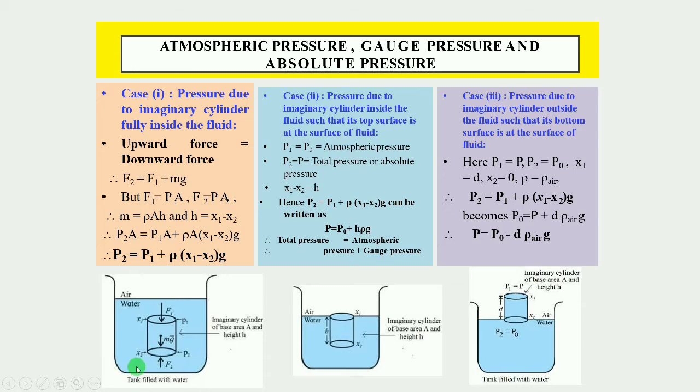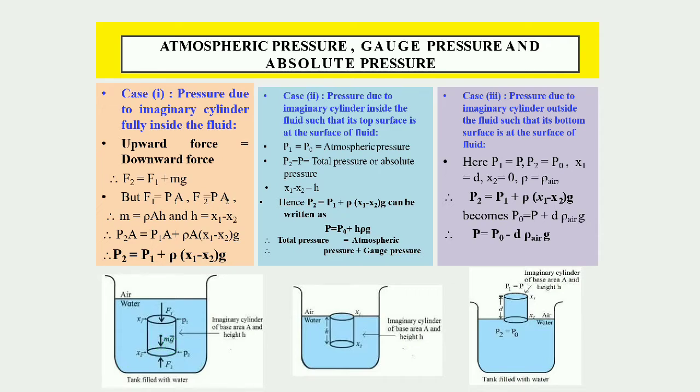Similarly, the force F2 is acting in the upward direction at the bottom of the imaginary cylinder, and this force is due to the liquid or water below the imaginary cylinder. Similarly, suppose this imaginary cylinder has weight mg. Okay, m is the mass, g is the gravitational acceleration.